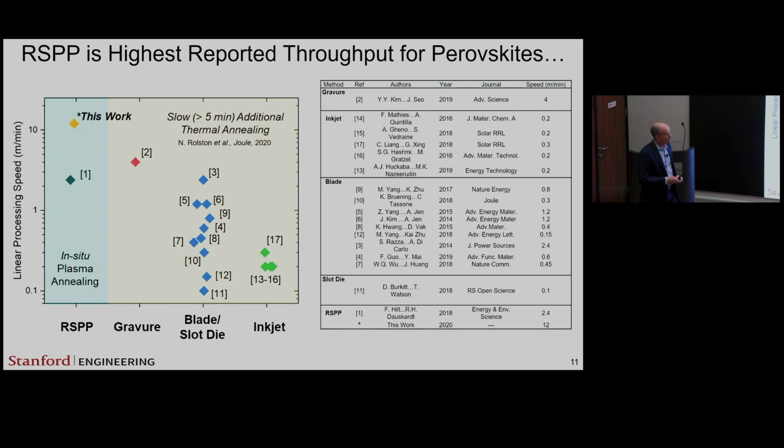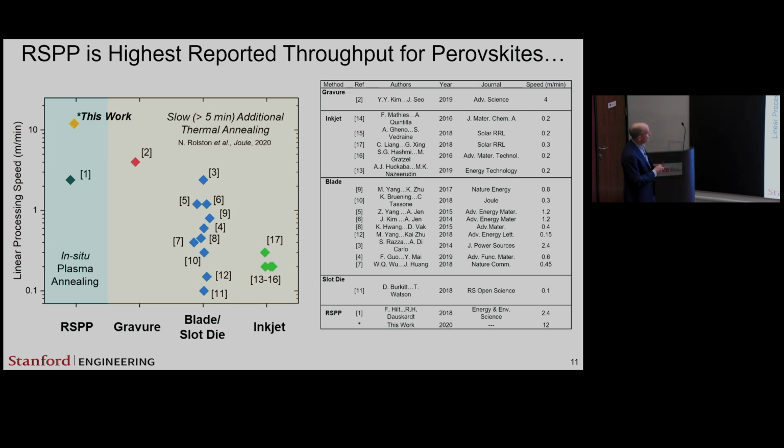Okay, so we can do it fast. Turns out that the combination of spraying and open air plasma allows you to both spray the precursor solutions down quickly, and using plasma, you can anneal them to produce high quality perovskite very quickly.